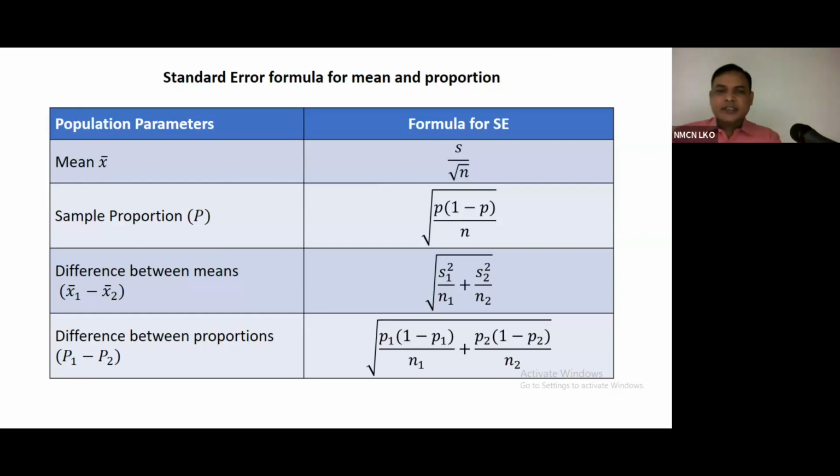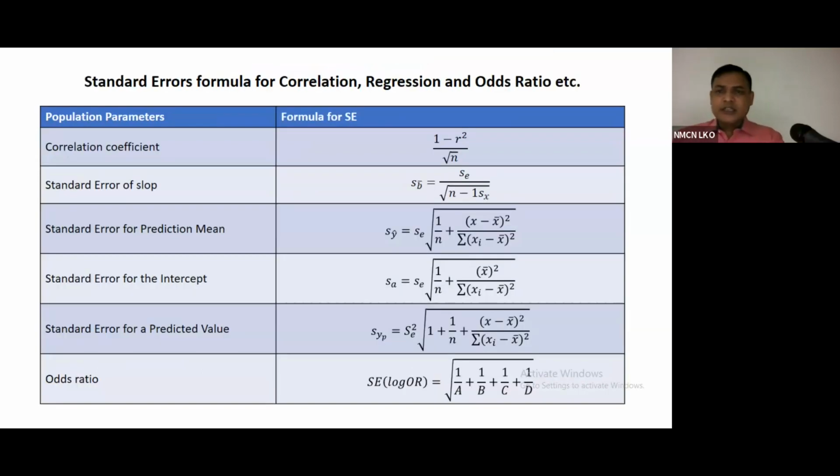This is basically in the case of a sample. In the case of a population, in place of S it will be sigma, and in place of a small p it will be capital P, meaning population proportion. So these are some formulas which are already derived, and we can use them directly to estimate the standard error.